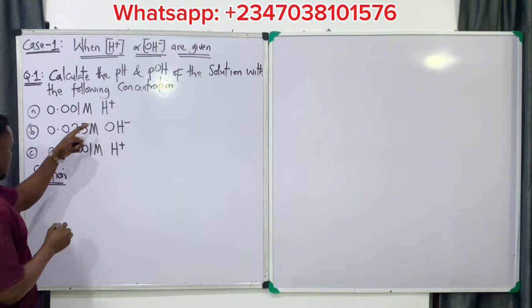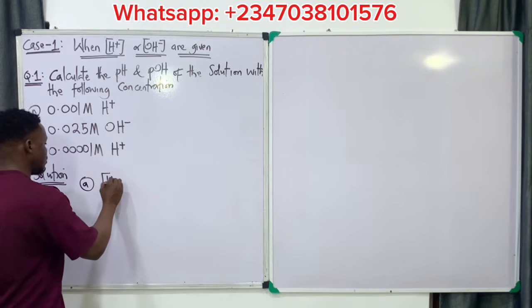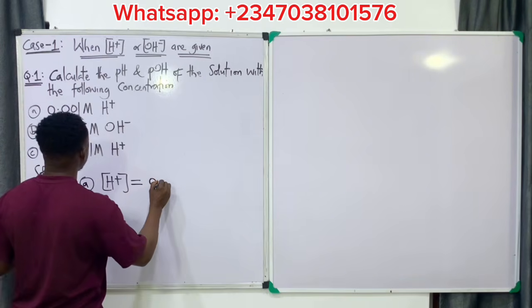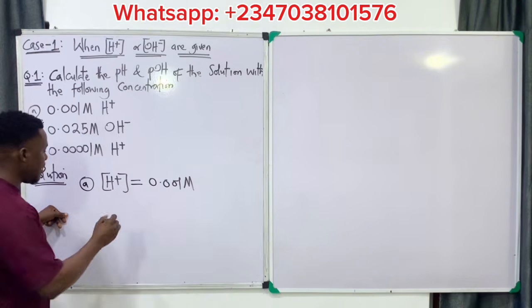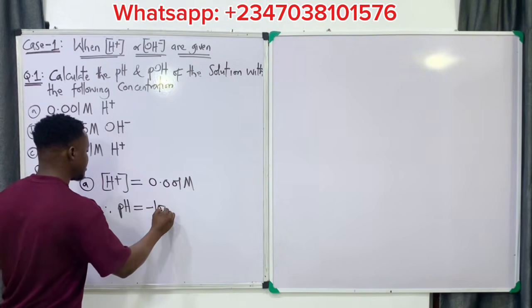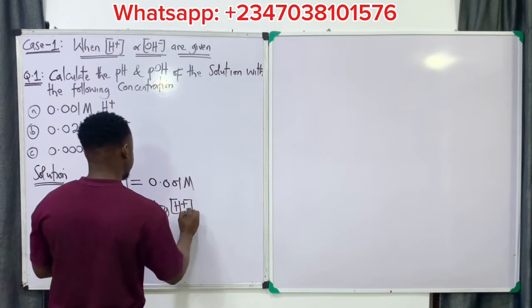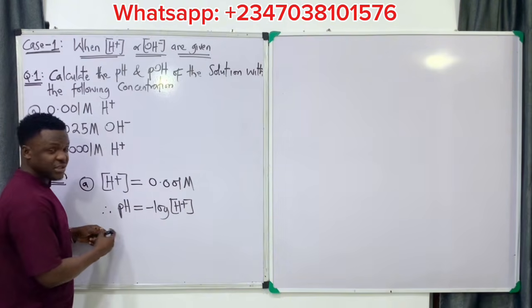For the first one, the concentration of H plus of the solution is 0.001 molar. Now remember that pH is equal to negative log of H plus. So it simply means that anywhere you see your H plus, you're going to input this value.